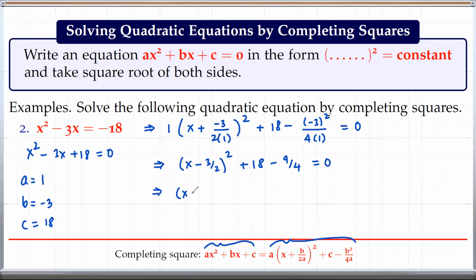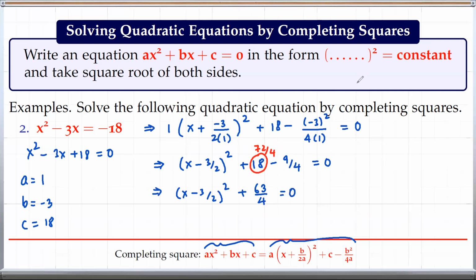So we get x minus 3 by 2 squared. 18 can be written as 72 over 4, so that we have the same denominator, 4 and 4. And then we can just combine the top parts. So 72 minus 9 is 63. We get 63 over 4 equals 0.